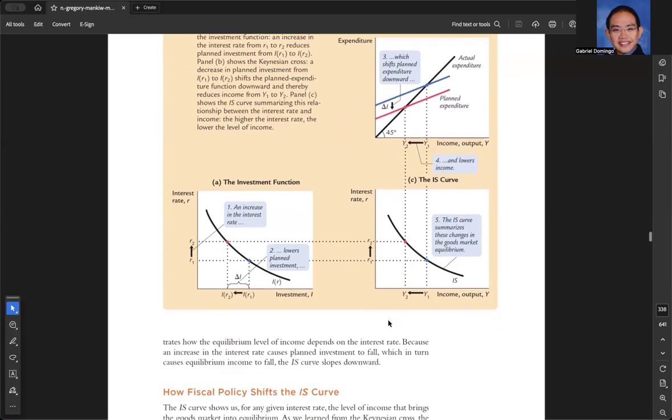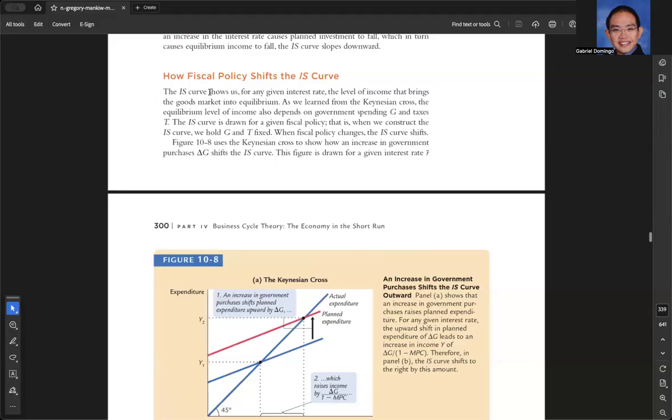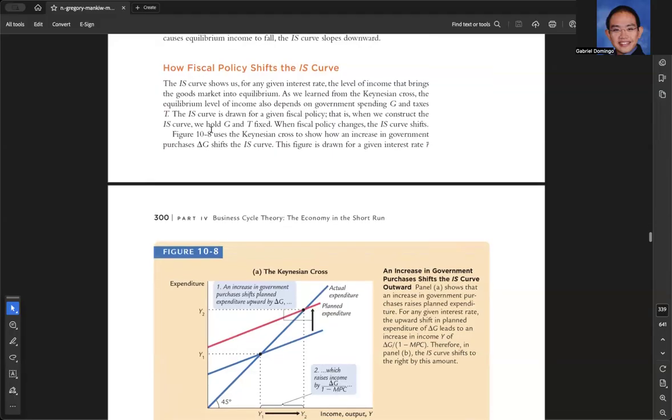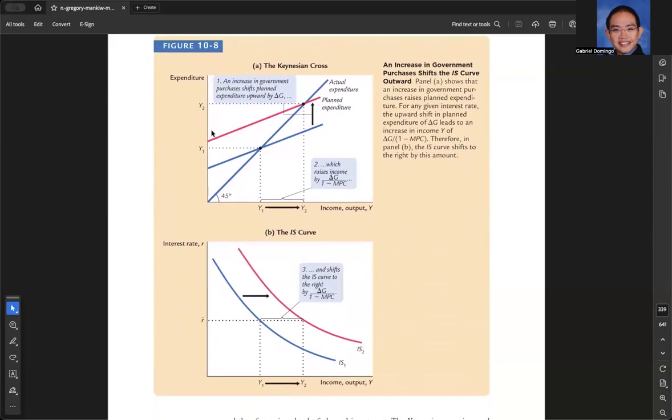Before we move on to the LM curve, we should think about how fiscal policy shifts the IS curve, right? So here's figure 10-8. The IS curve is in the R and Y space, okay? So if you shift the R around, the interest rate, then you are going to move along the IS curve, right? That's exactly akin to the demand curve.